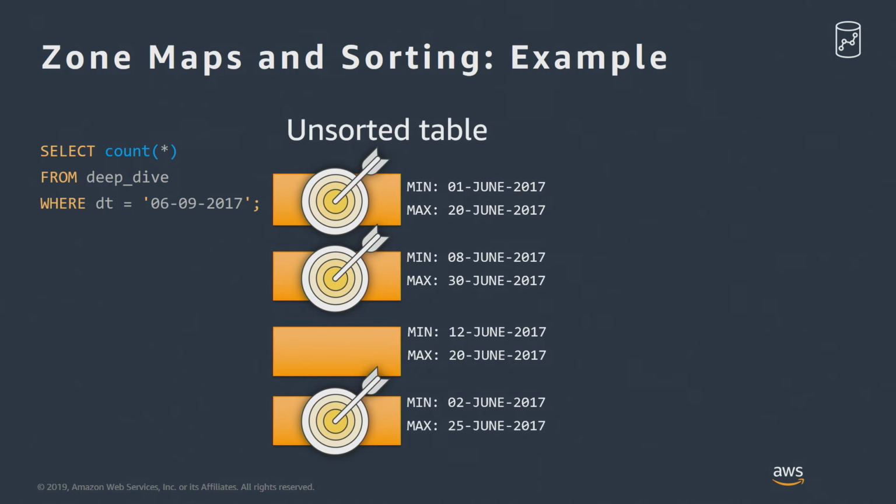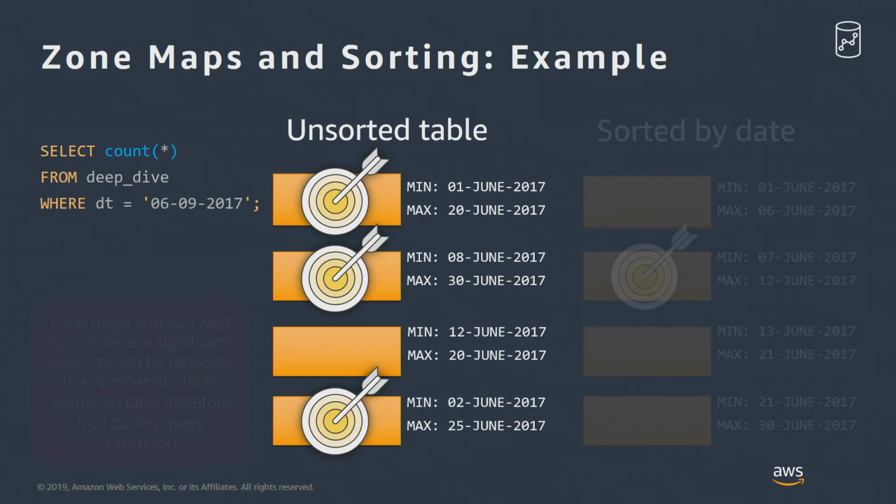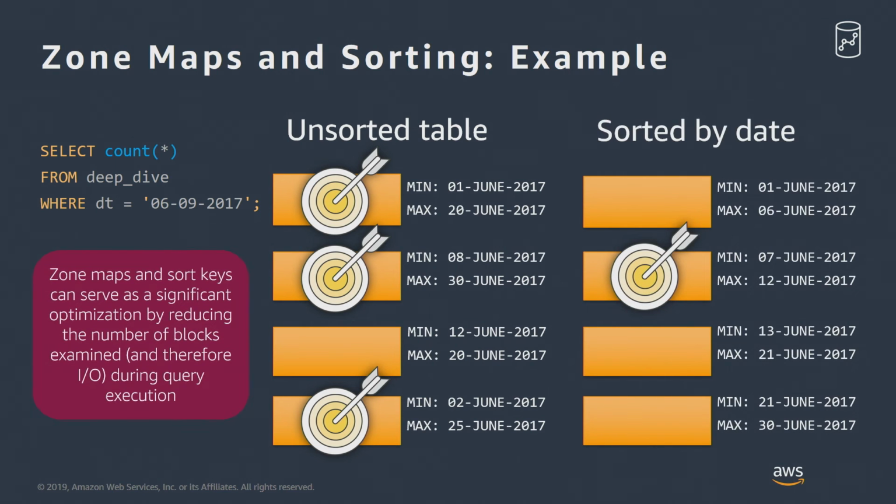When the table is not sorted, the same record, maybe just 9th of June 2017, might be spread across multiple blocks, here 3 blocks. But if the data is sorted, all data can fit in the same block or maybe a subsequent number of blocks. You can see the number of IOs is immediately reduced with the same data set, just after having the right sort keys. So you eliminate a lot of IOs.